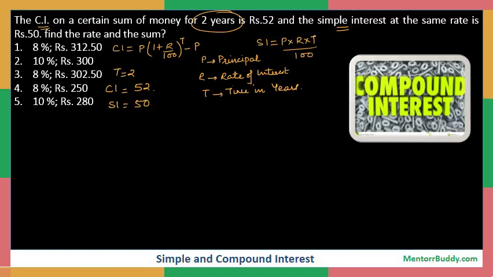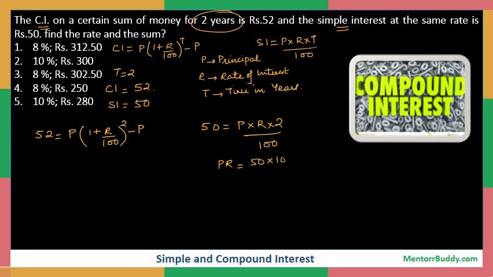So when we put the values in the formulas, I get 52 is equal to P multiplied by (1 plus rate of interest by 100) to the power 2 minus P. Similarly, simple interest can be written as 50 is equal to P multiplied by R multiplied by 2 divided by 100, which gives me P multiplied by R is equal to 50 multiplied by 100 divided by 2. When we do the cancellation, we get P into R is equal to 2500.